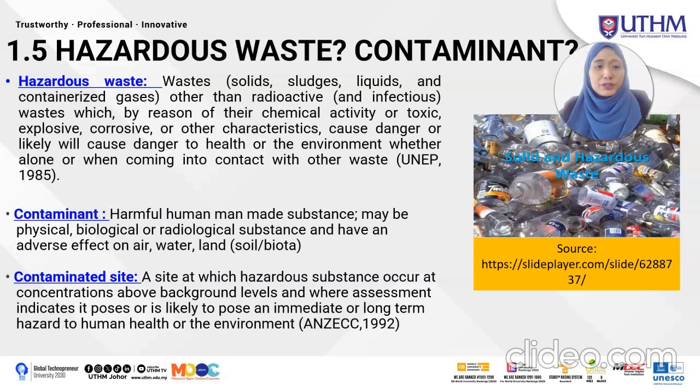Second one is the contaminant: a harmful human-made substance, which may be physical, biological, or radiological, and has an adverse effect on air, water, and land. And then the last one is the contaminated site, which means a site which has waste over there with high or low concentrations.